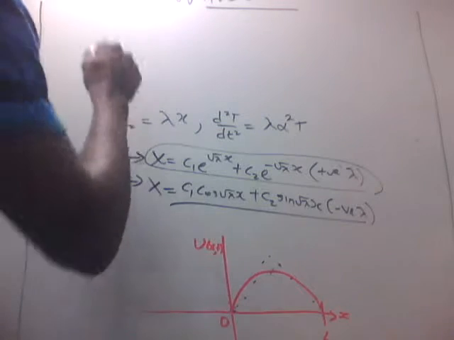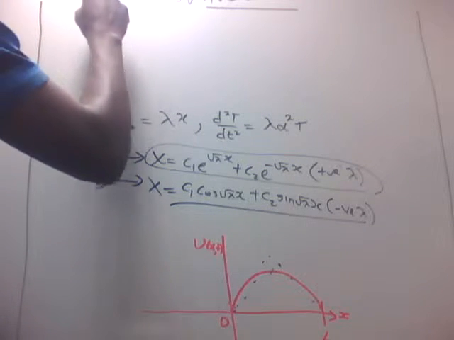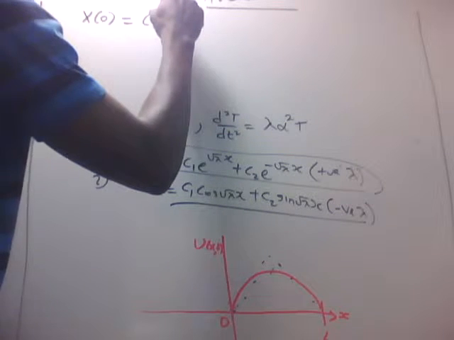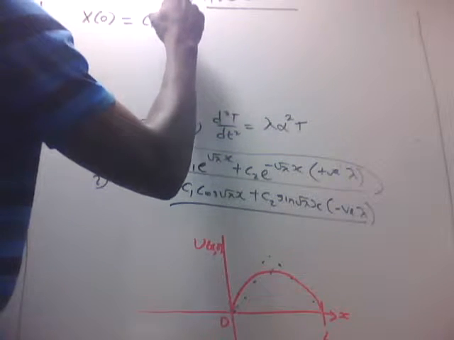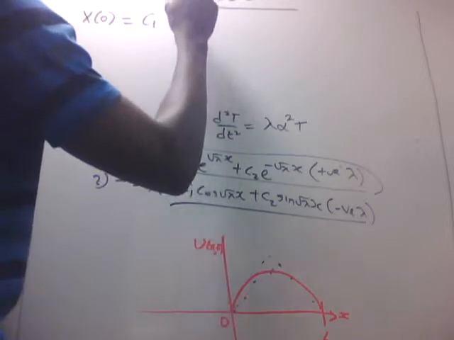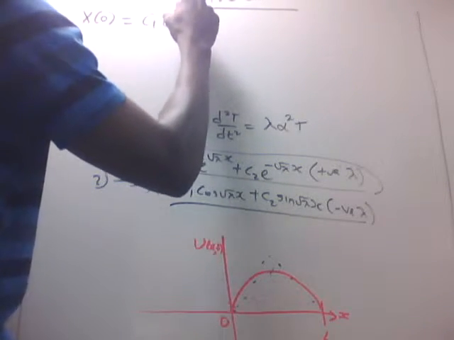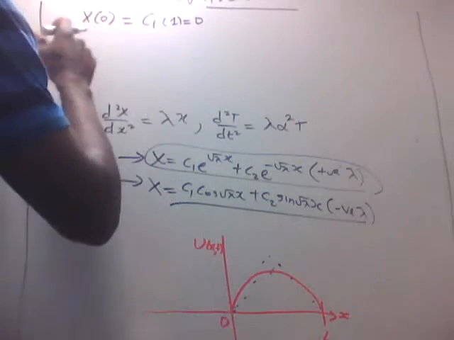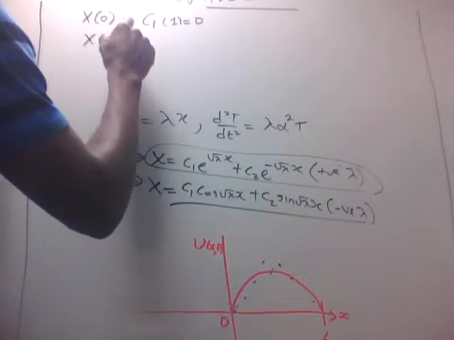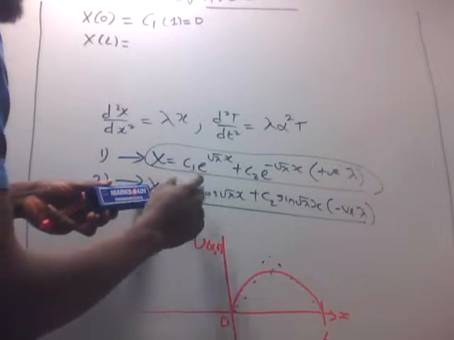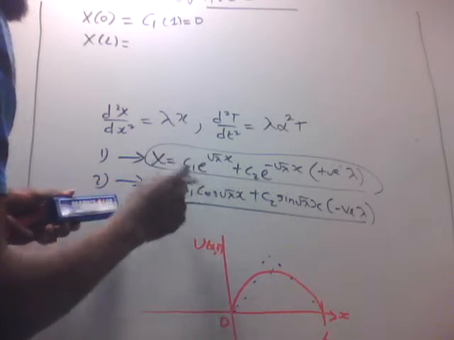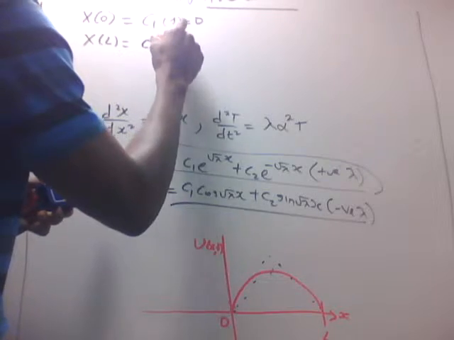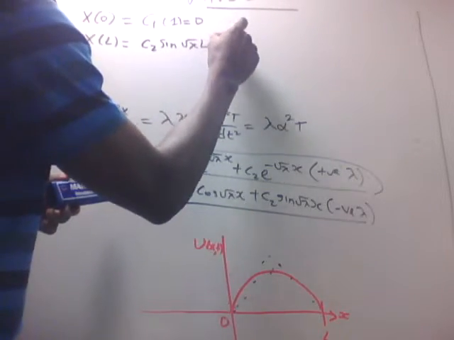Okay, so now we're using this form and we want to apply the boundary condition. You get that c1 cosine 0, which was 1, has to equal 0. Okay, and we've done this before. X(L) applied to X, change x to L in this function, because c1 equals 0, I get c2 sine root lambda L equals 0.